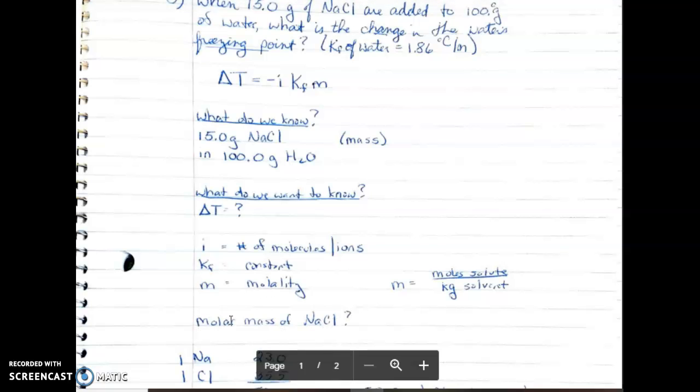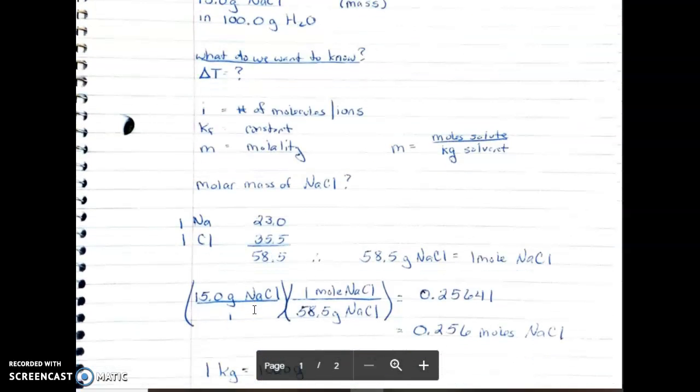So in order to convert our 15.0 grams of sodium chloride to moles, we have to determine the molar mass of sodium chloride. And how do we do that?